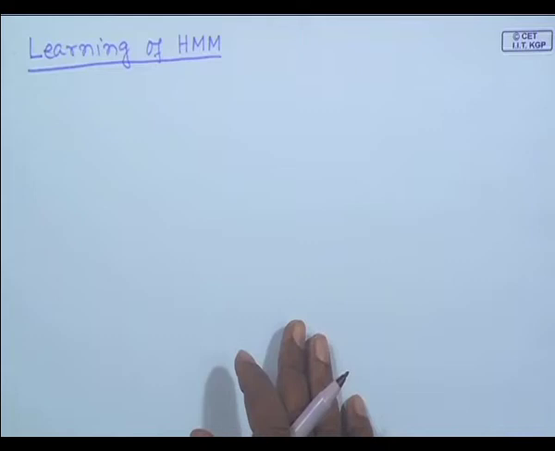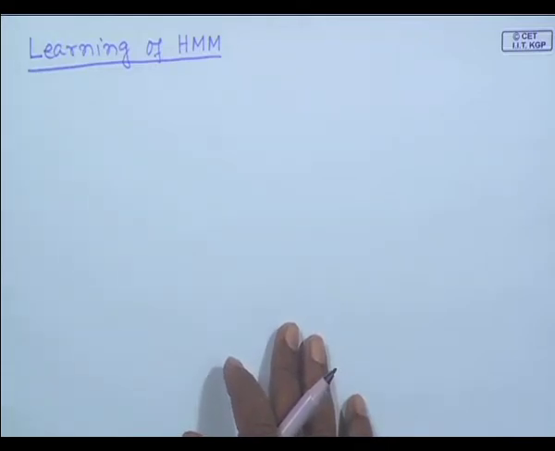So, before learning, the hidden Markov model is coarsely specified. That is, I have a very coarse representation of the hidden Markov model: I know the number of hidden states, and I know the visible symbols which are generated by this model. So, these are the two quantities which are known, the hidden states and the visible symbols.